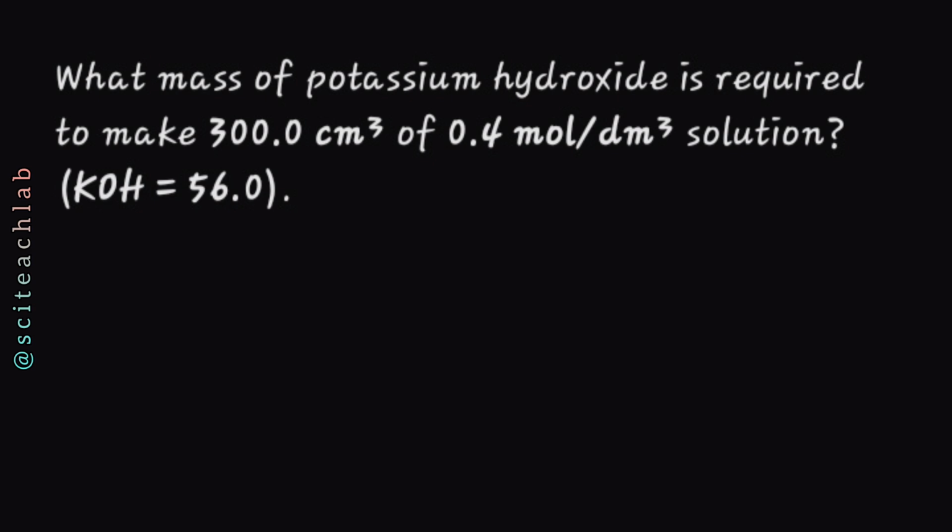So in this case, we are given 300 cm cube of 0.4 mol dm cube solution. Remember from the last two questions I said the dm cube there shows you that it was standardized. It was dissolved in 1000 cm cube of water. That means this 0.4 mole was dissolved in 1000 cm cube of water.